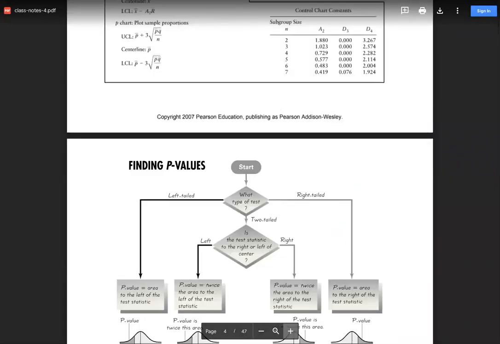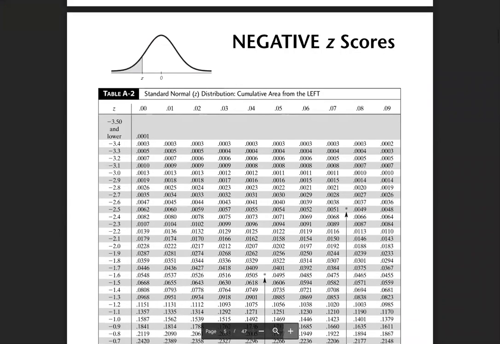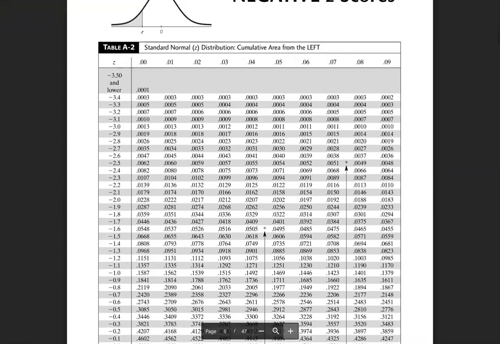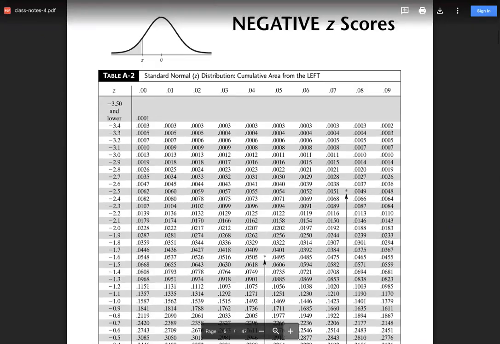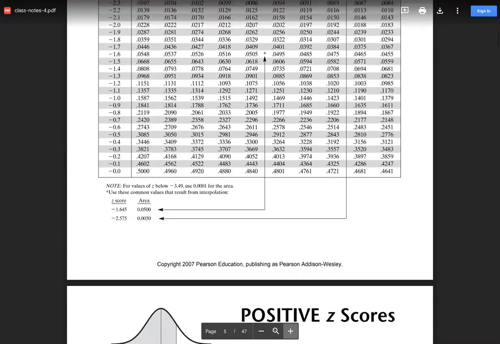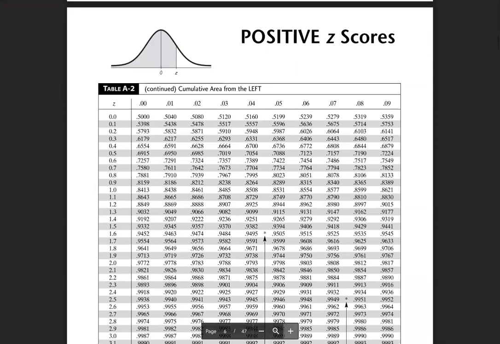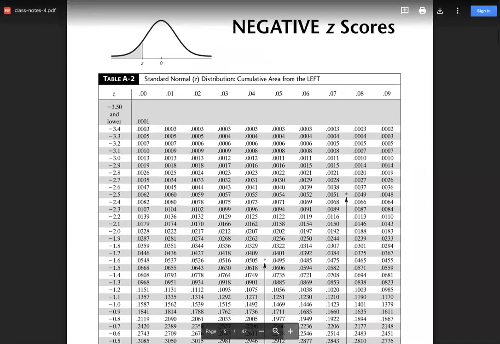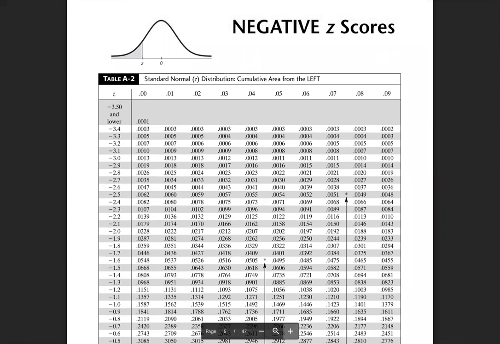This is a table. I need to give credit to the author Triola. I'm using his table. This is a good table. I used this book before, so I still have the table. It's a pretty standard table. You can find it on the internet. You can search for a z-scores table, and you'll get quite a few of them.